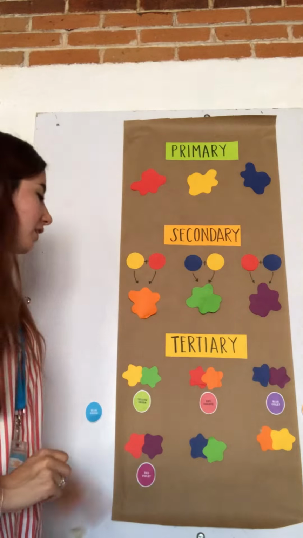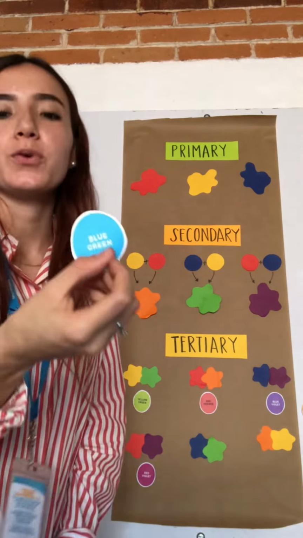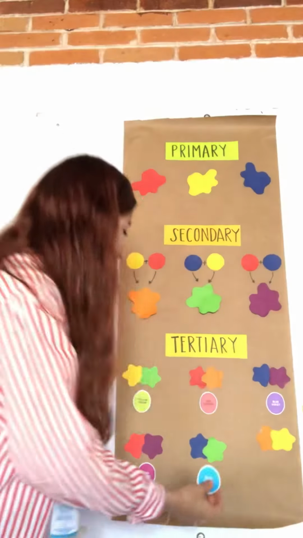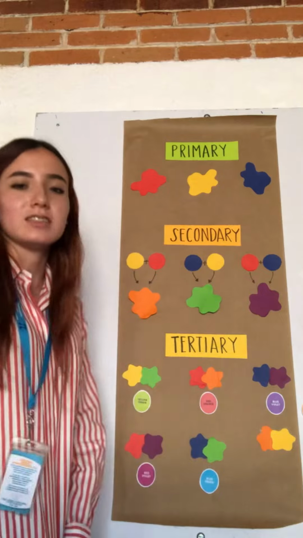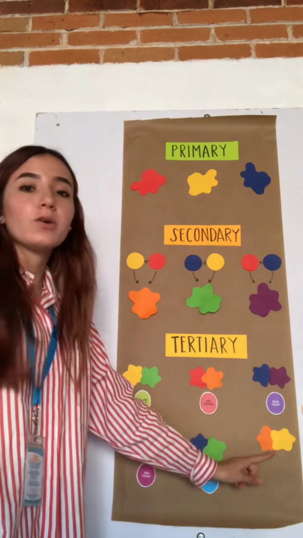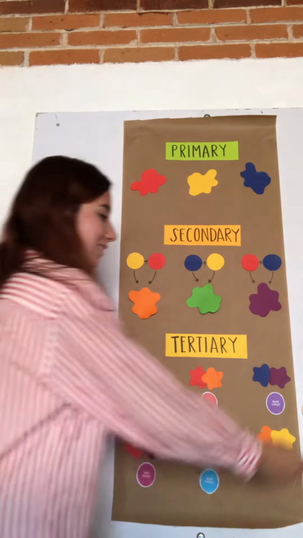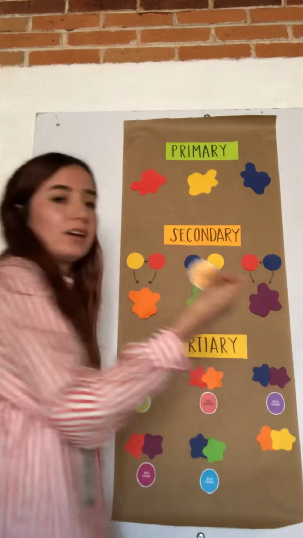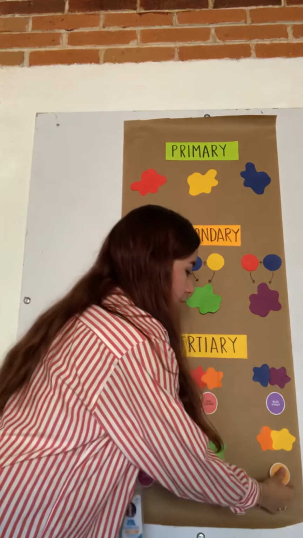Again, a primary and a secondary color, and we get blue-green. This is the other color that we can obtain by mixing these two colors. And the last one, we have yellow and we have orange. Which color do you think that we get? Yellow-orange. That's the next color.